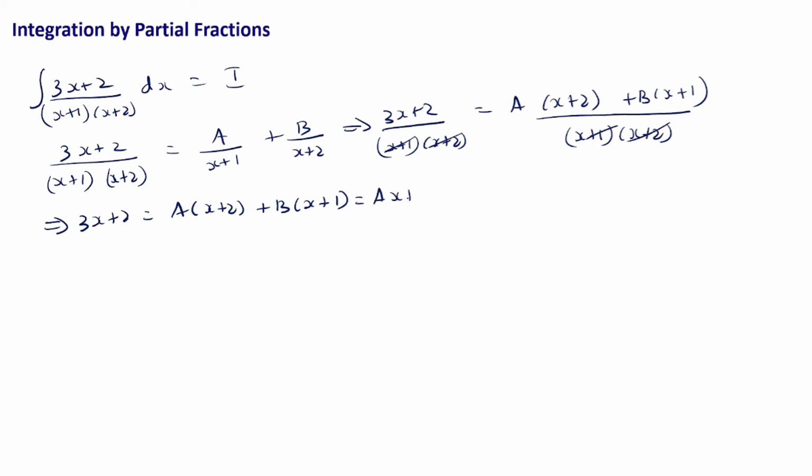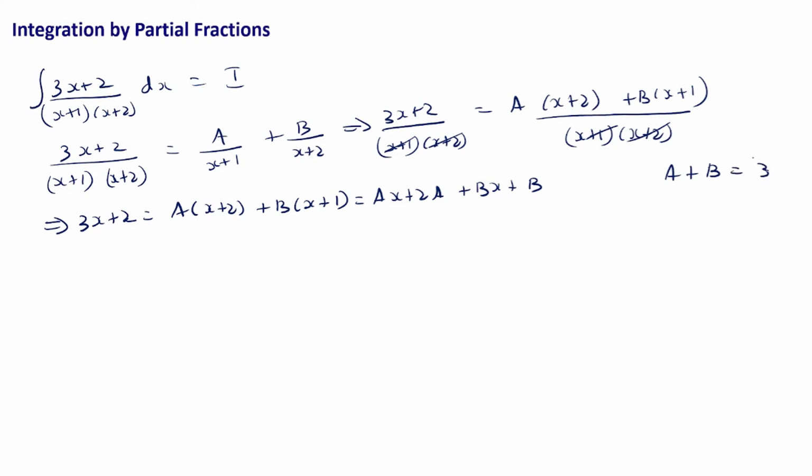Here we will have ax plus 2a plus bx plus b. On the left hand side the coefficient of x is 3 and on the right hand side the coefficient of x is a plus b. So we will have a plus b equal to 3.